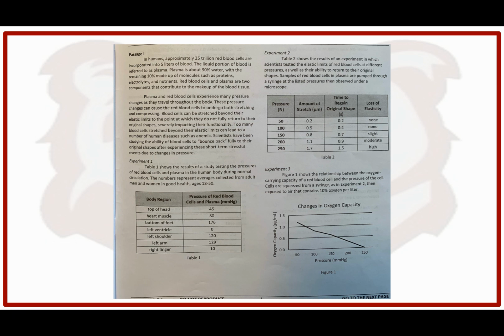And if I look down quickly at figure 1 in experiment 3, on the left side is oxygen capacity, and the bottom is pressure. Very quickly I can see that as pressure increases on that bottom axis, oxygen capacity decreases. So I have a pretty good idea of what table 2 and figure 1 are trying to tell me or what they represent.